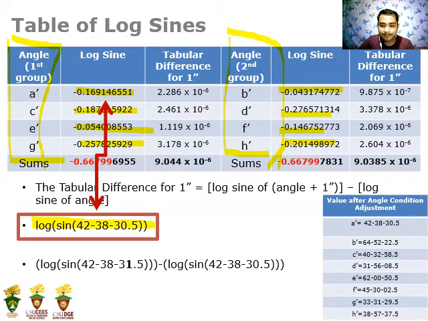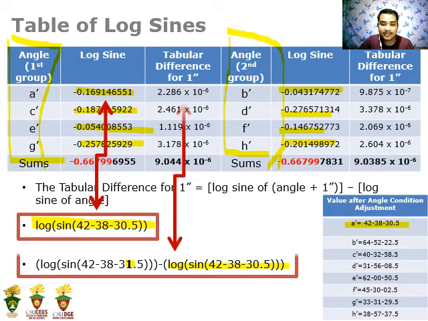So log sine 42, 38, 31, I bolded the 1 because we added 1 second, minus log sine of 42, 38, 30.5. The answer is this value. You're going to do that for the rest of the angles like C, E, G, B, D, F, H.